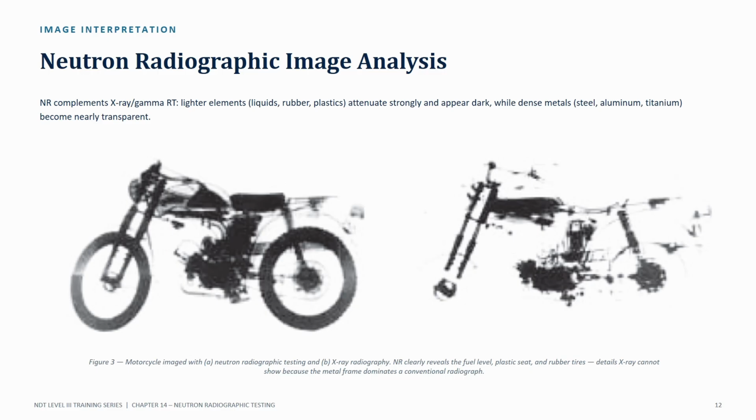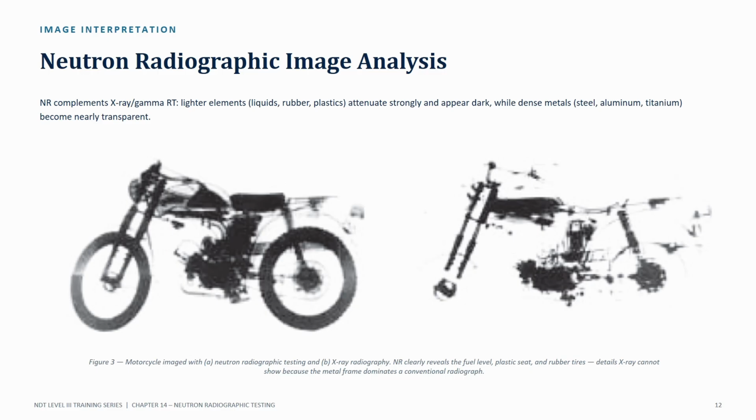The same principle applies in nuclear engineering, turbine manufacturing, defense systems, and composite structures. Many critical components contain both metallic and non-metallic materials. By selecting the appropriate radiographic technique, or by using both methods together, you can obtain a much more complete understanding of the component's internal condition.